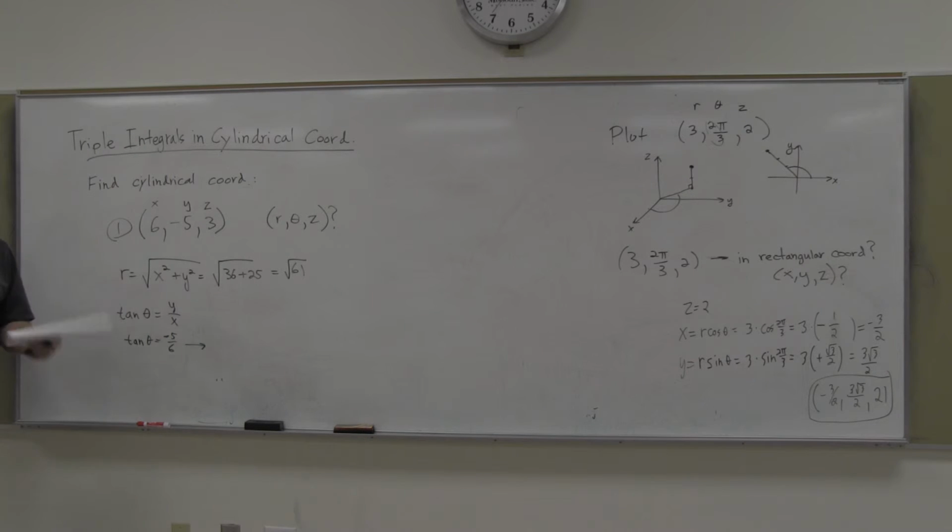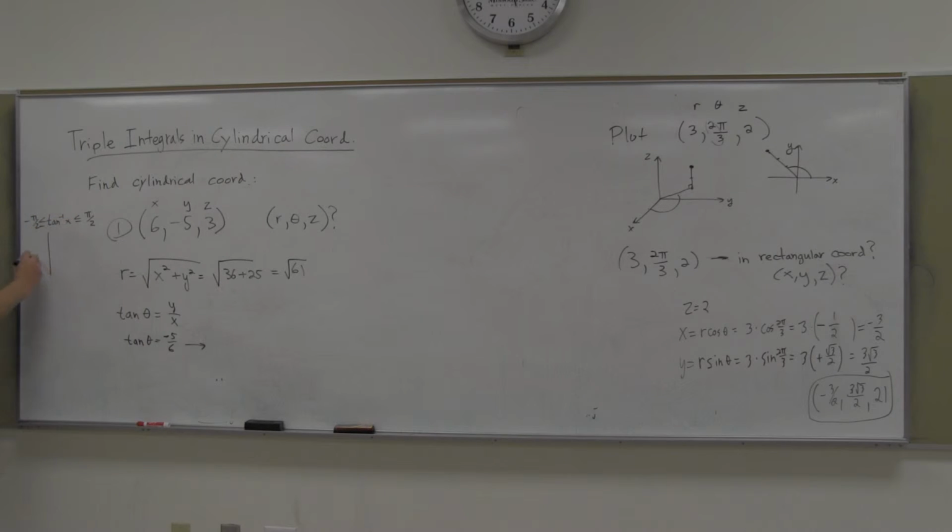When you do the inverse tangent, that only goes in a specific range, doesn't it? Inverse tangent is between negative pi over 2 and positive pi over 2, which basically is quadrant 4 to quadrant 1.